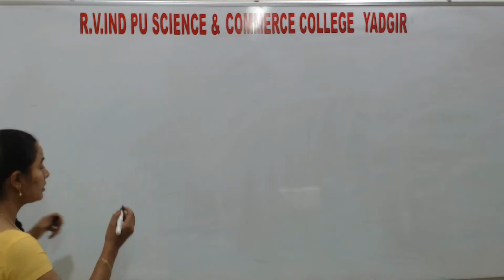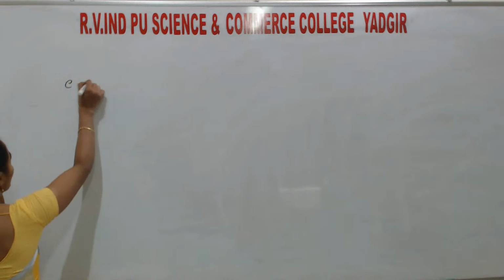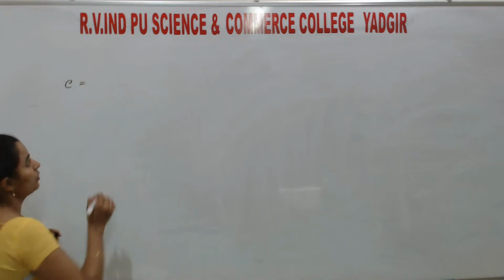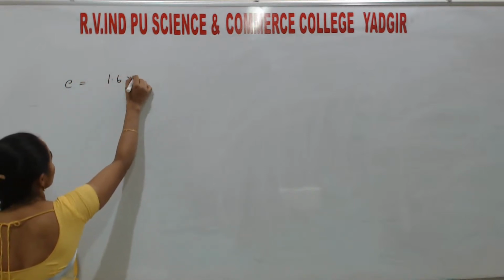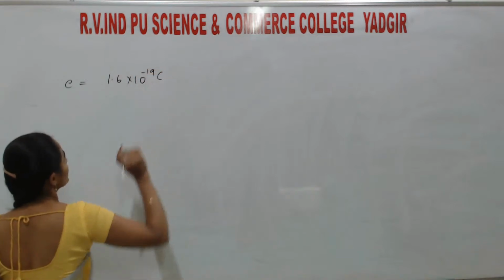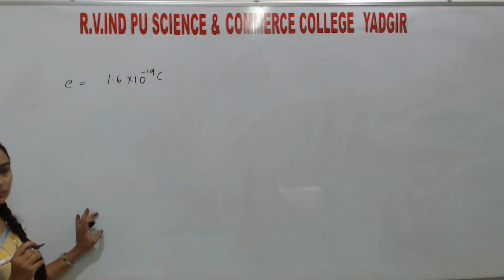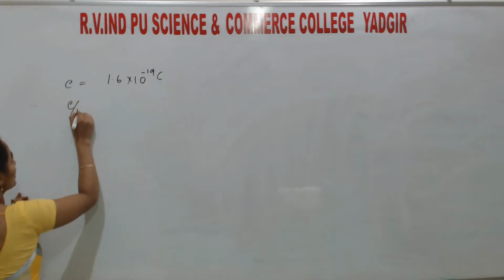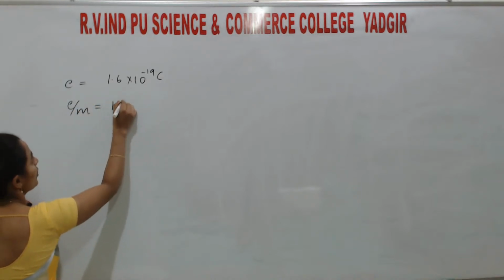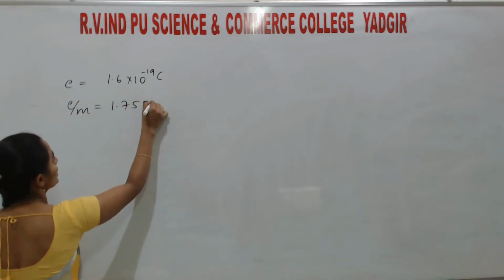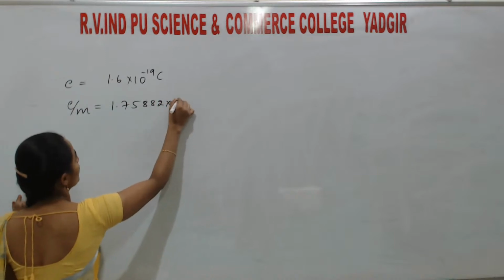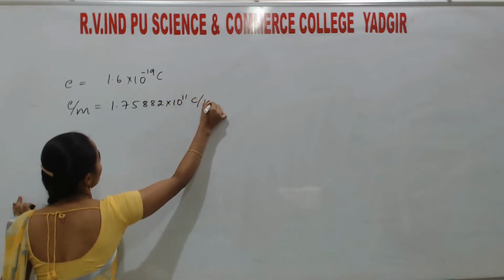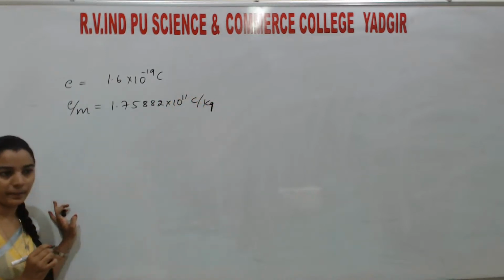How? Listen. The e value we know is 1.6 into 10 to the power of minus 19 coulomb. The e by m ratio we got in the previous class is 1.75882 into 10 to the power of 11 coulomb per kg.